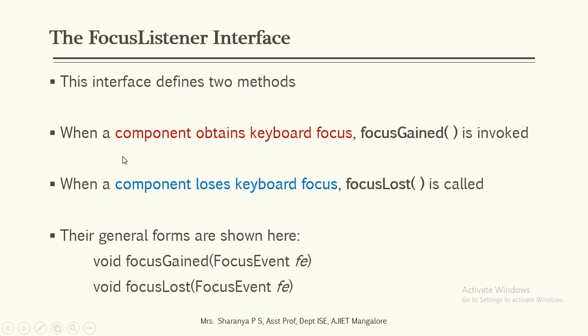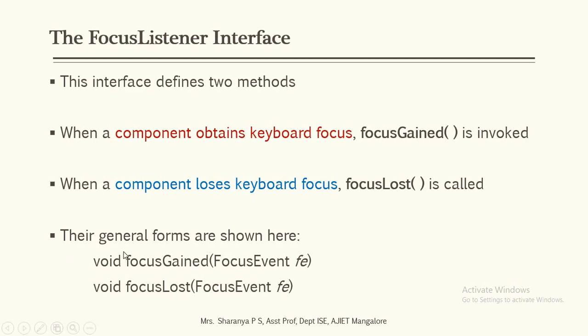That is, when a component obtains the keyboard focus, the focusGained method will be invoked. In the same manner, if it loses the keyboard focus, then focusLost will be invoked. Even if we are using arrow keys on the keyboard to gain the focus, these are all managed by the focus listener interface by generating the focus event.